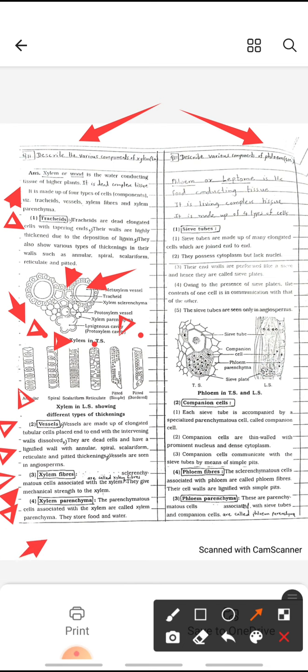Last one is xylem parenchyma. Parenchymatous cells associated with xylem are called xylem parenchyma. And the main function is that they store food as well as water, mostly they store water. So these are xylem parenchyma.